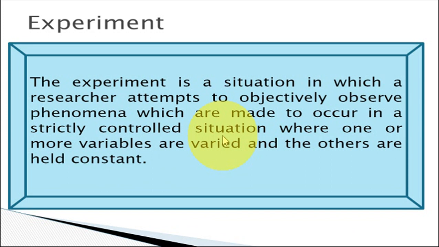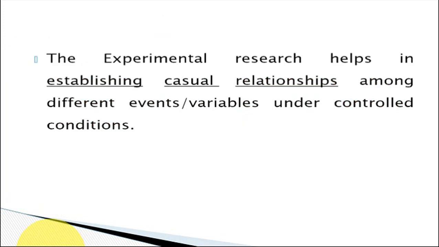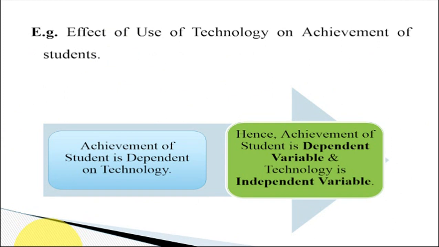However, to a large extent, we can make a very strictly controlled situation to establish the cause and effect relationship between the dependent and independent variable, which is called an experiment in educational research. The experimental research helps to establish cause and effect relationships among the different variables under a controlled condition in a controlled classroom.